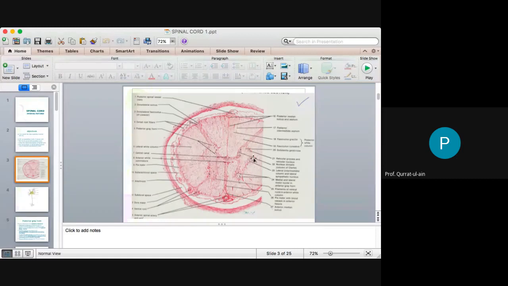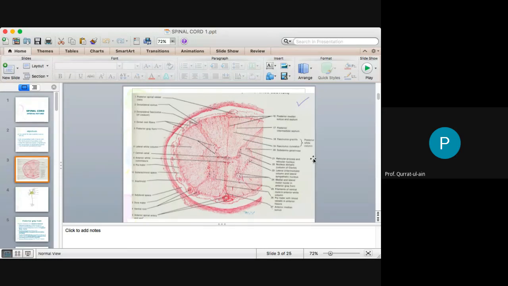The rest of the parts of the spinal cord are just the anterior and the posterior gray horn. This is the sensory horn, the posterior horn, and this is the motor horn, which is the anterior horn. The sensory information comes here. The sensory nerve fibers enter here into the posterior horn and give information through the interneurons to the motor neurons in the anterior horn, and then the motor nerve passes out from here.